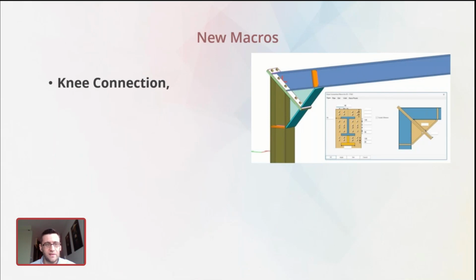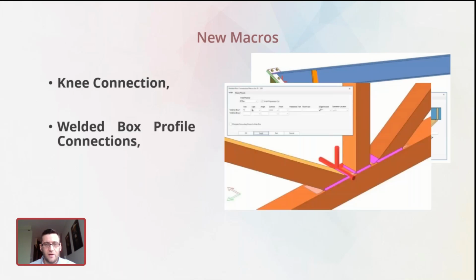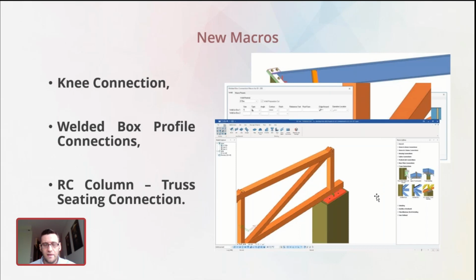In our new macro list, you can create a new connection as seen in the figure, or you can use welded box profile connections for truss members. If your truss is sitting on the concrete column, you can use the truss seating connection for this purpose.